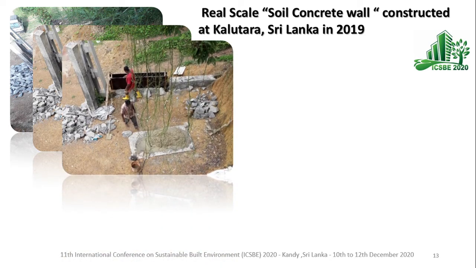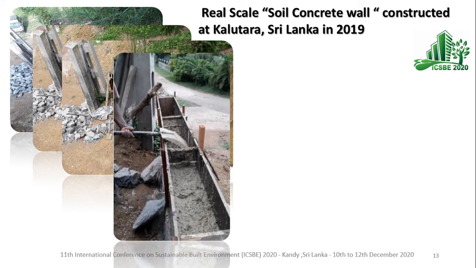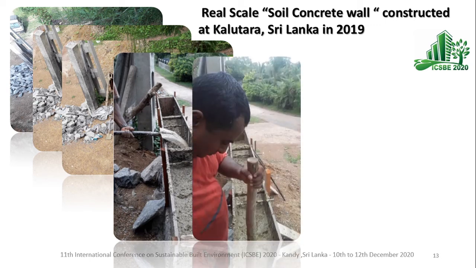No advanced methods are needed. You can see the mix here, and the application is very easy. We can handle it very easily. Compaction really needs only a light compaction effort, not like rammed earth, which is very difficult to compact.